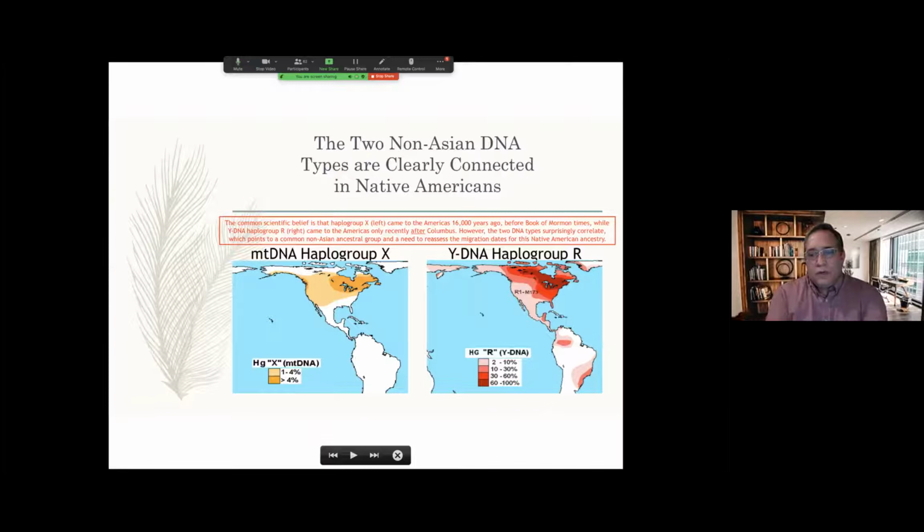But when you look at them, it seems clearly that they're a common ancestral group. It doesn't fit. It doesn't fit. The one being too old or the other being too new. A Book of Mormon migration would explain what you're actually seeing in the data.